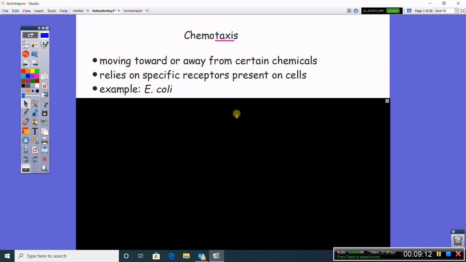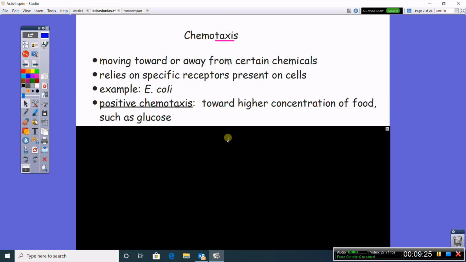So an example here is with E. coli. Now we know that E. coli resides in our gut, in our intestines. And so they're going to rely on some of the food we eat to get their own nutrition. And so they might be looking for something like glucose. So E. coli will exhibit a positive chemotaxis when it moves toward a higher concentration of food such as glucose.